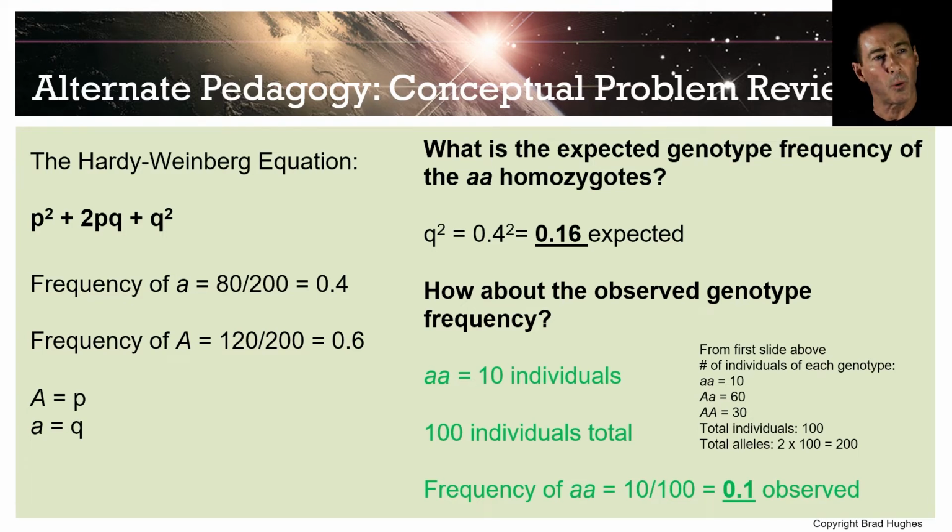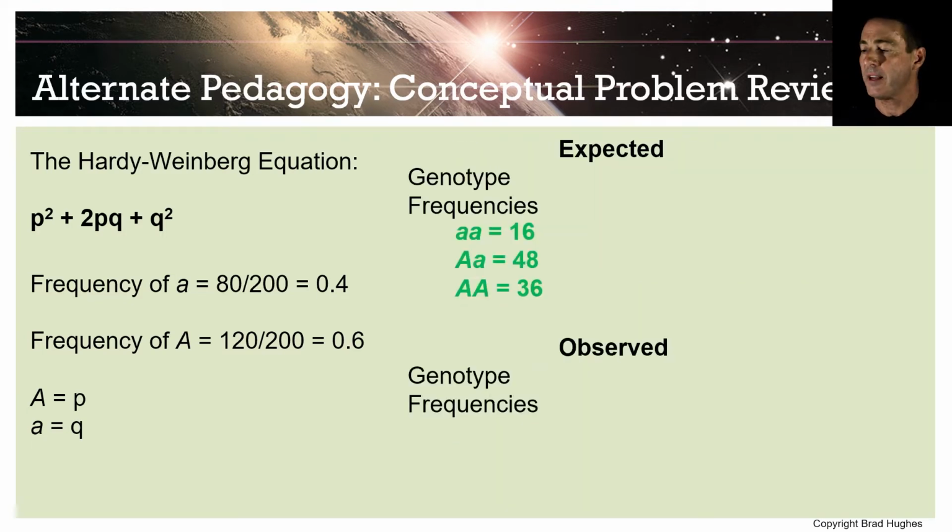But we expected 0.16. In Hardy-Weinberg equilibrium, we'd expect these genotype frequencies, 16, 48, 36. However, observed genotype frequencies, 10, 60, 30, more heterozygotes and fewer homozygotes than expected.